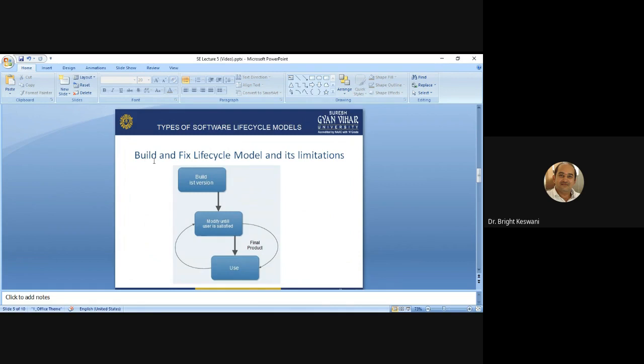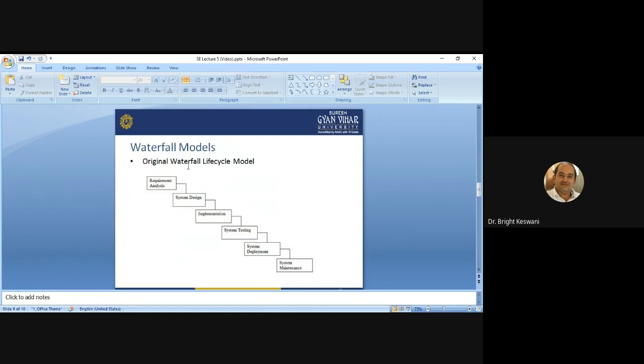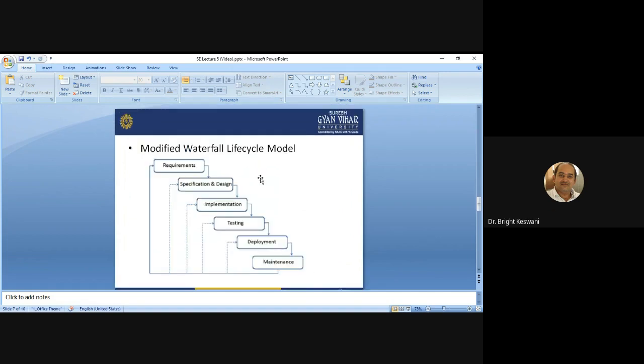We discussed the build and fix lifecycle model with its limitations, and the waterfall lifecycle model, which has two versions. First is the original waterfall lifecycle model, and second is the modified waterfall lifecycle model. Also, we had discussed their advantages and disadvantages.